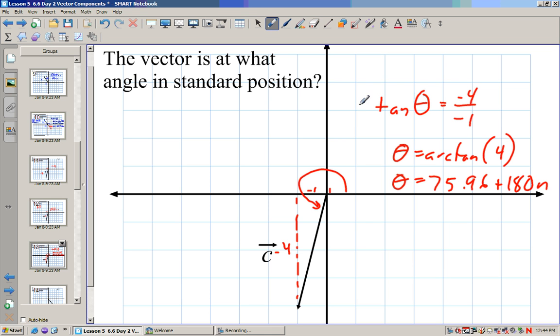Hopefully you can look at this and see that it's much more than 75.96. So if I add 180 to that, you'll find that your angle is 255.96.